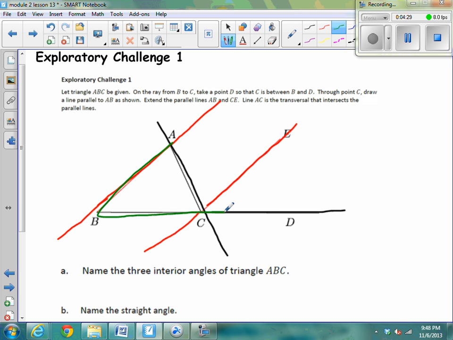So that's the first angle, angle ABC. The second angle is angle BAC.